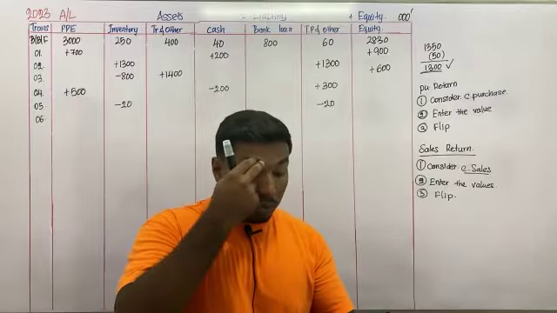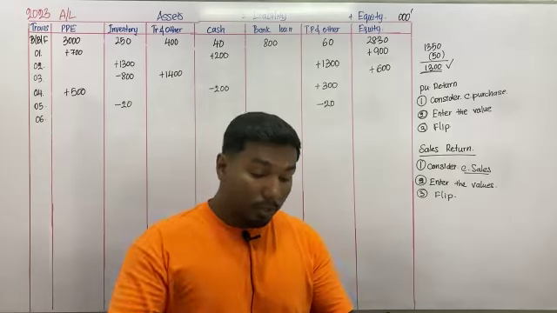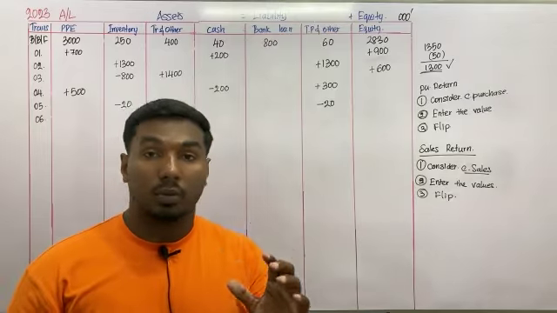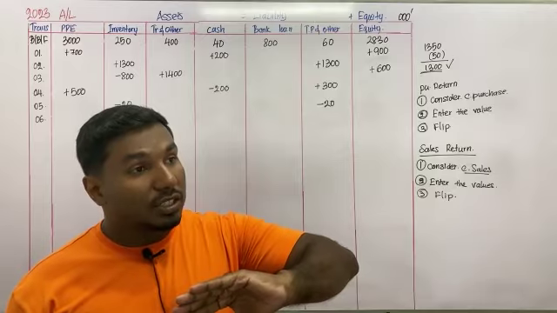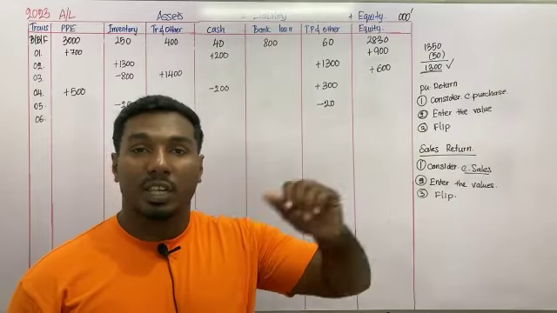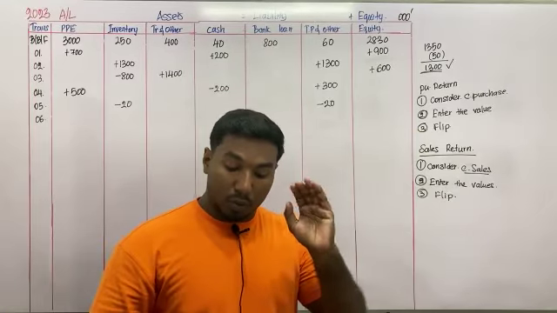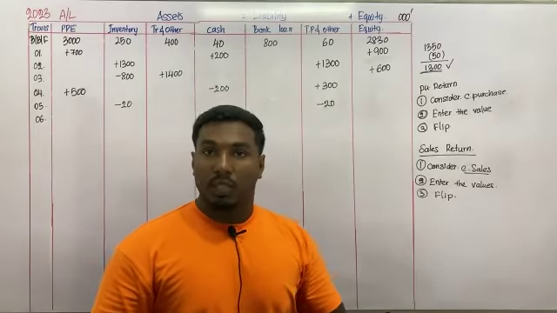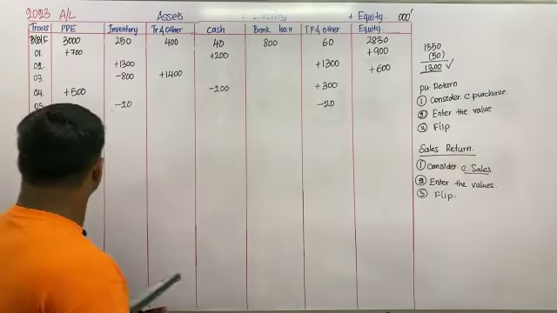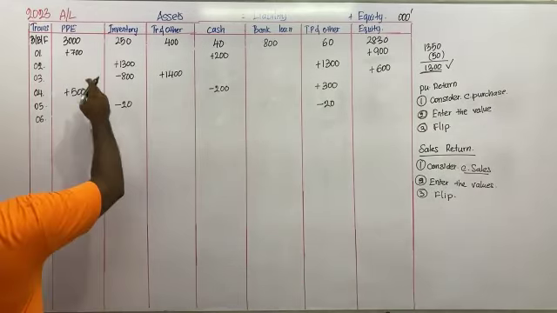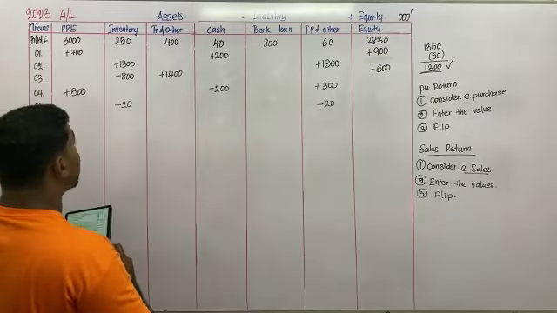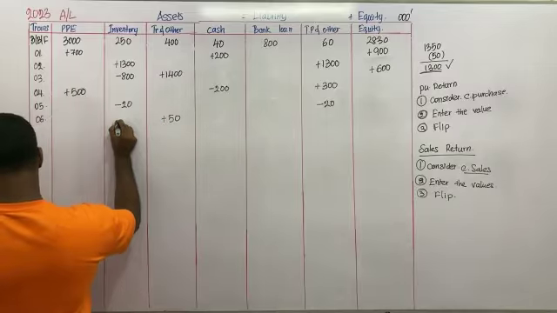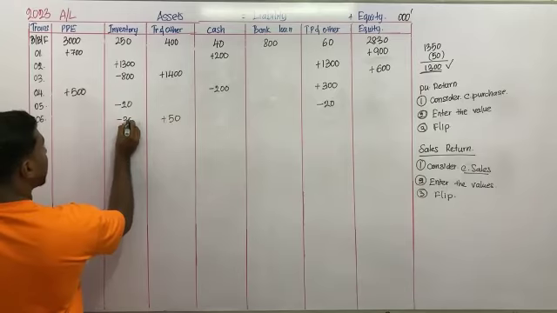Transaction number 6. Goods sold for 50,000 during the month were returned by the debtor. The cost of these goods was 30,000. I'm going to change this transaction to a credit sale. So what will be the transaction? Goods sold for 50,000 and the cost is 30,000.